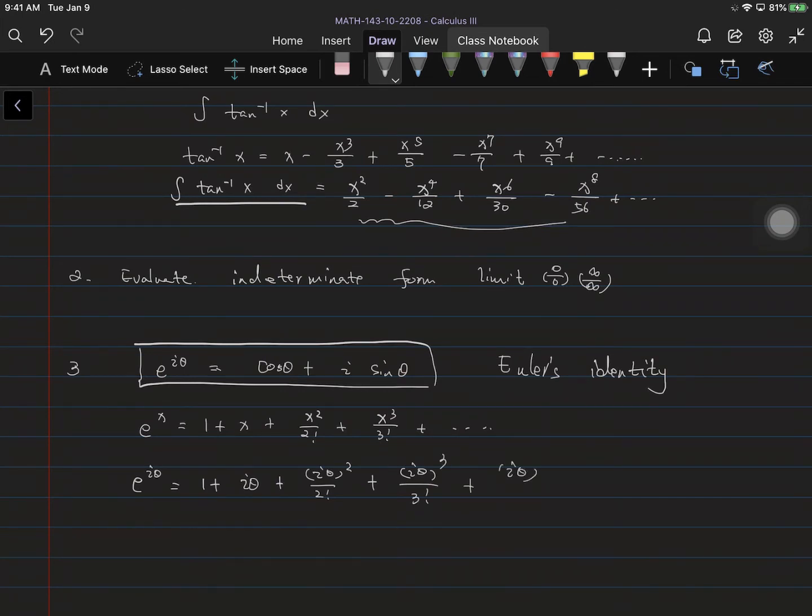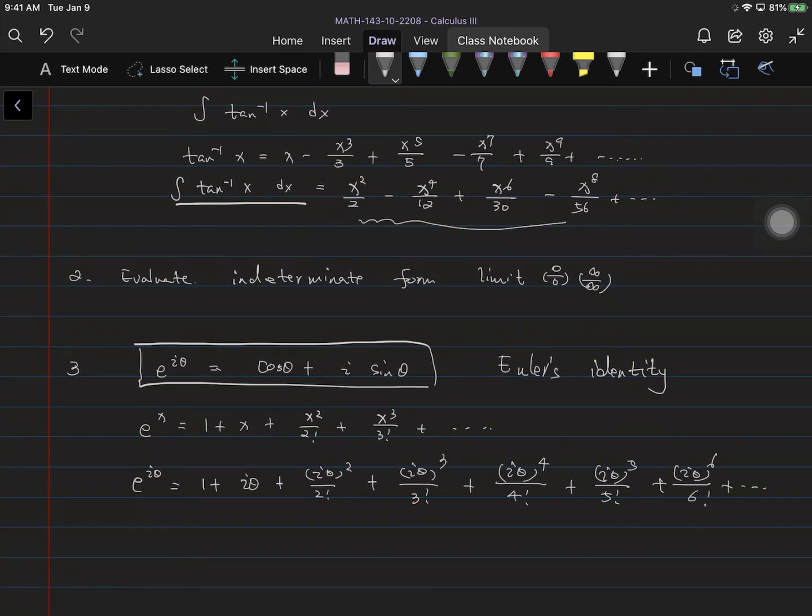Let's write down up to several terms: 4 factorial, 5 factorial.